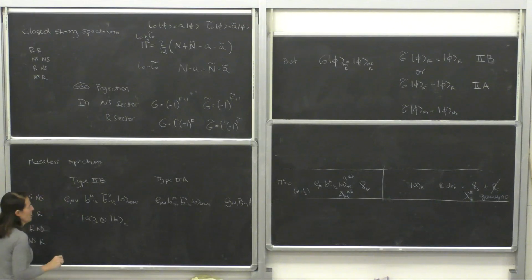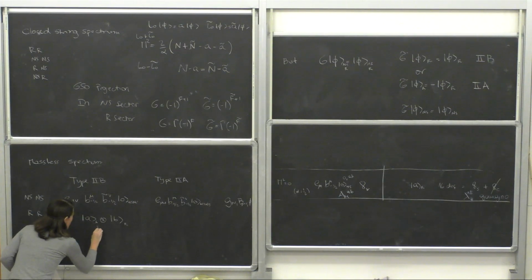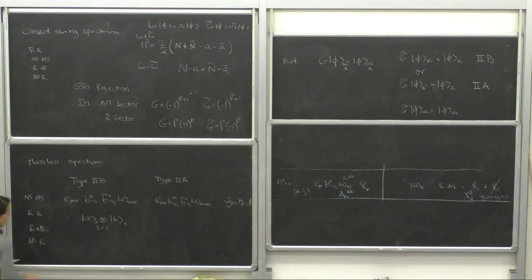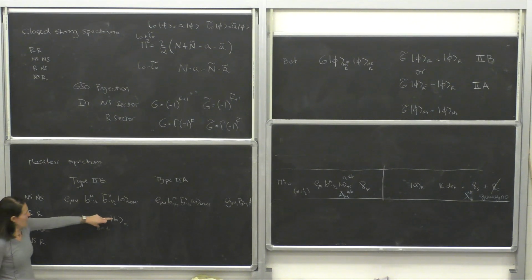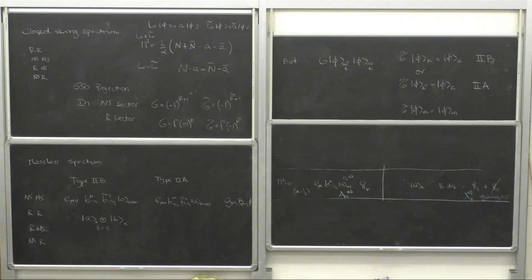So this will be 8S times 8S. This is not irreducible: these are 64 degrees of freedom. They are bosonic because it's fermion times fermion. It's not an irreducible representation of SO(8), so we'll have to work this out.